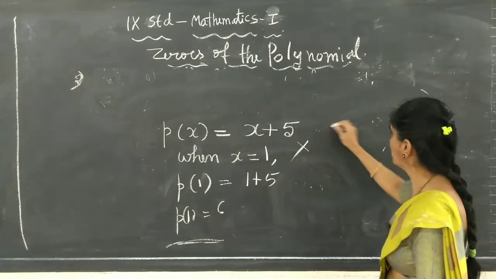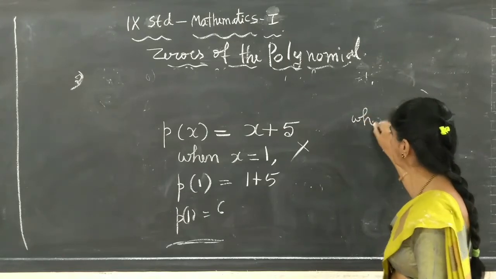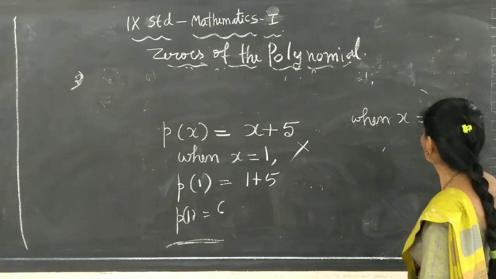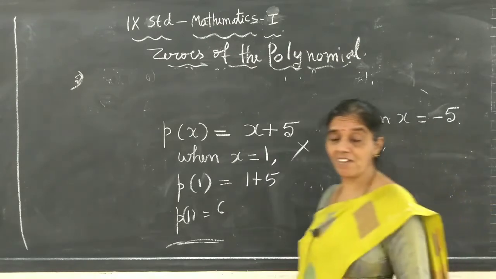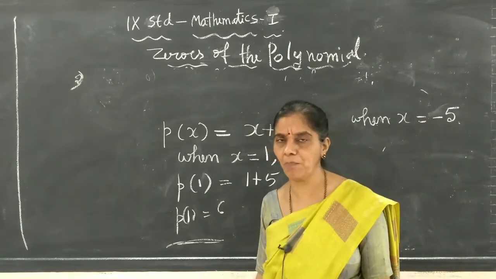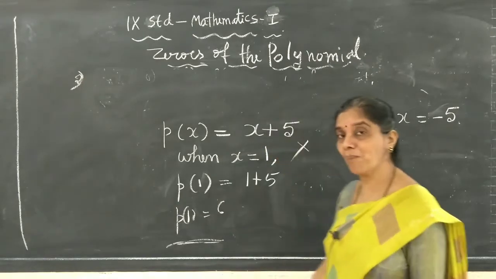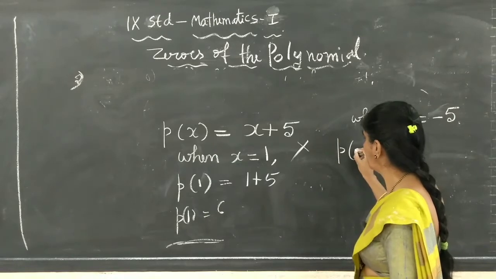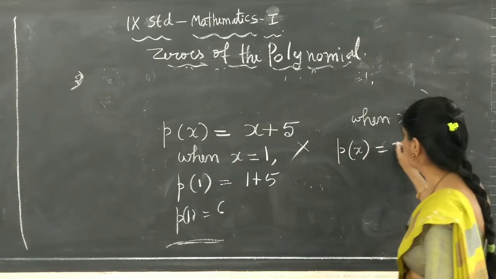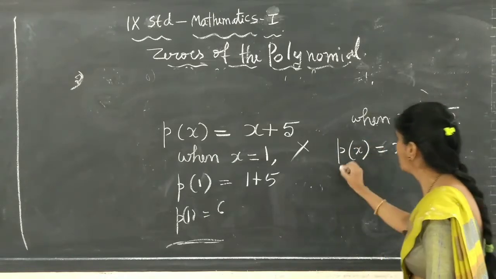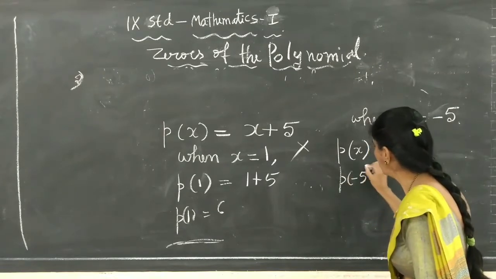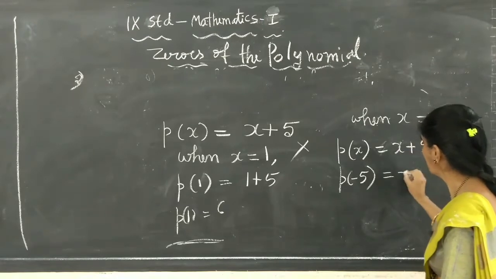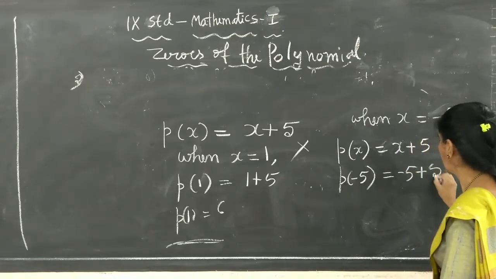So I will take one more case, when x is equal to minus 5. Any real number you may take for x. Now I will take minus 5 and see what I will get. P of minus 5: x is minus 5 plus 5.